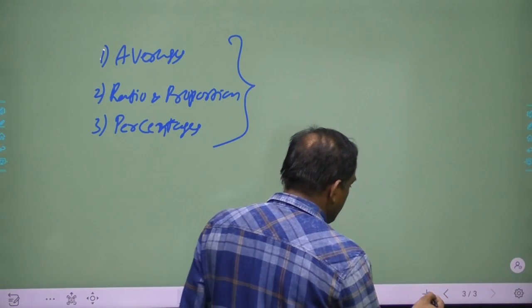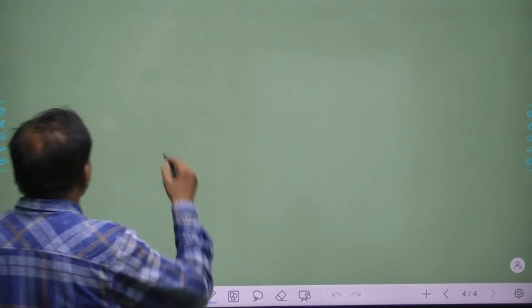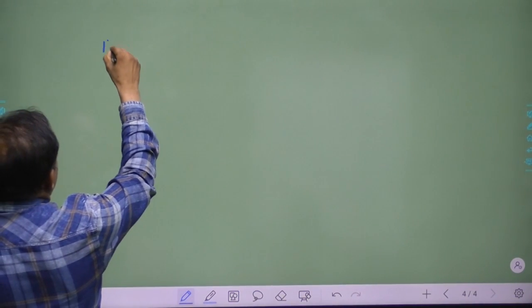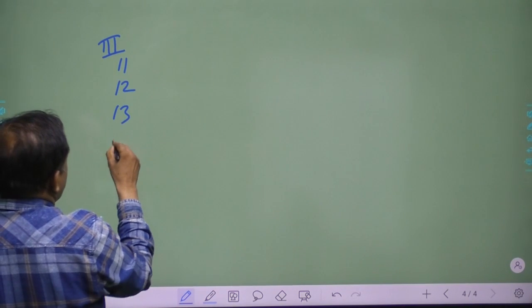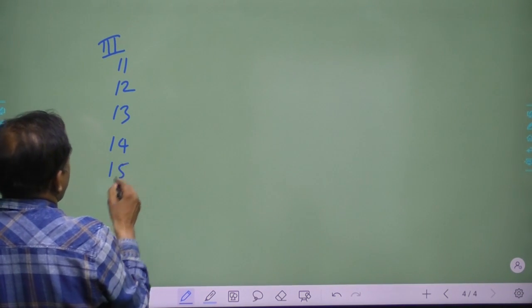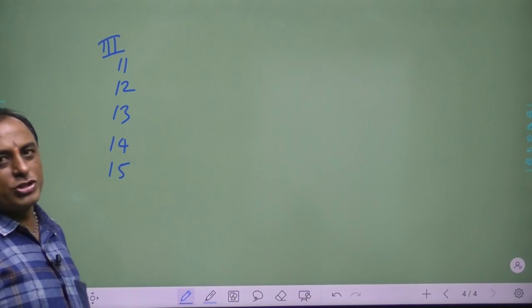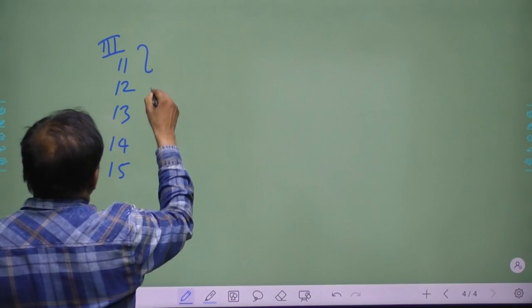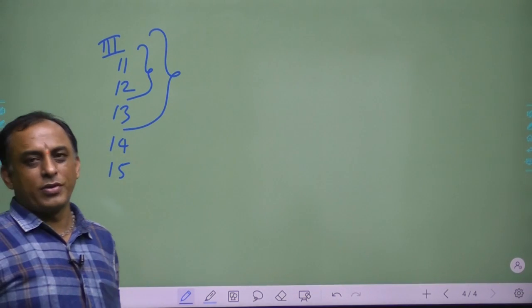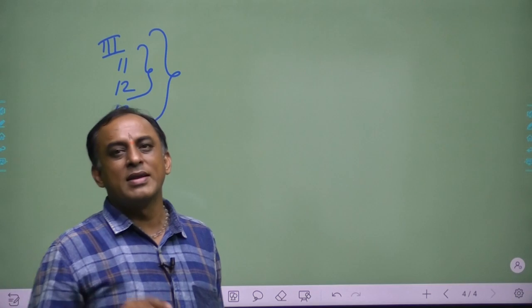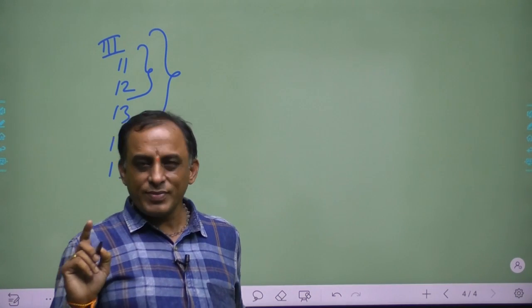So in the mains examination, in the total papers, section 3 has the 11th question, 12th, 13th, 14th and 15th. Out of these 5 questions, the first 2 or first 3 questions are descriptive type.